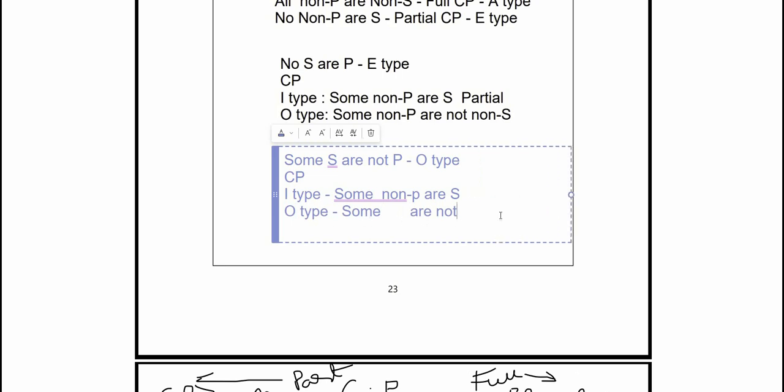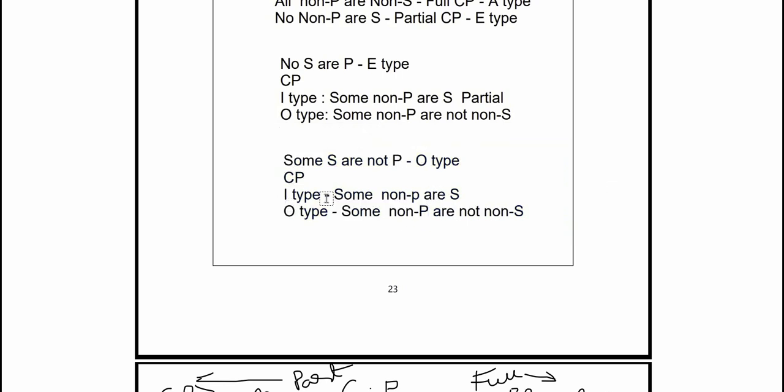The rest we will fill in as we go: non-P and non-S. Some non-P are not non-S. This is a very simple way of converting it. Please let me know if you have understood this, or whether this has helped you or made it more complicated for you.